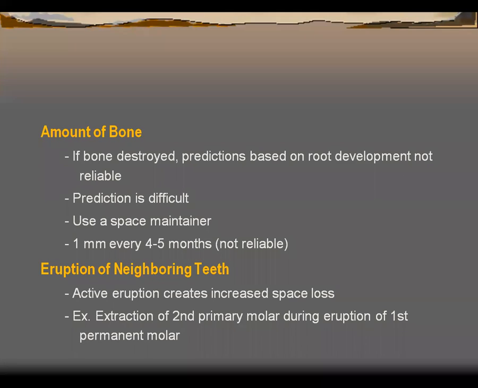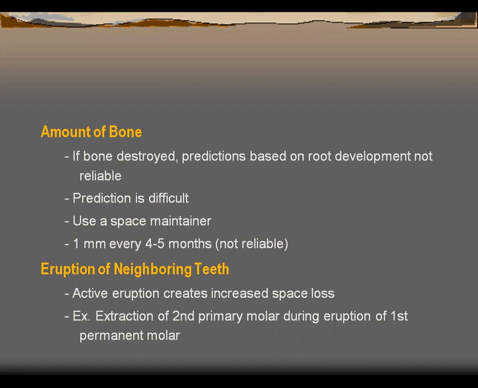Then the eruption of neighboring teeth. Active eruption creates increased space loss. For example, extraction of the second primary molar during eruption of the first permanent molar. The first permanent molar erupts at 6 years of age, and unfortunately, for any reason, you have to extract that second primary molar, that is E, and you have extracted that particular tooth.